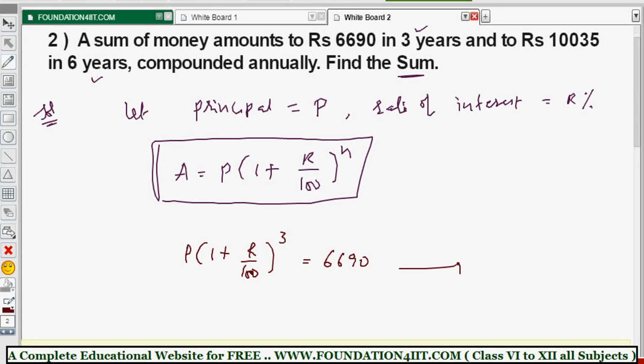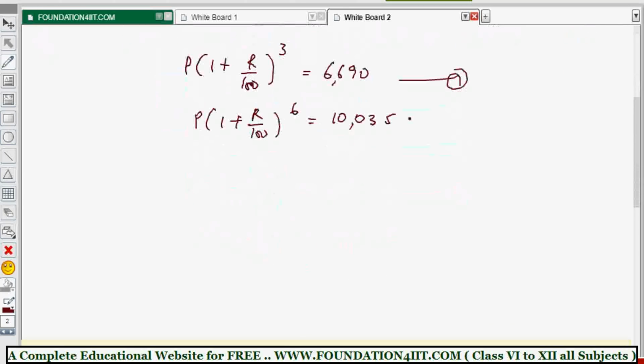Let this be equation 1. Again, P into (1 plus R by 100) all to the power 6, because for 6 years the amount is 10,035. That is equation 2.